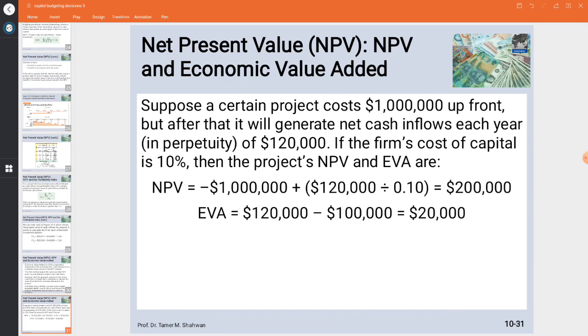Our cost of capital is 10% per year, so 10% multiplied by the initial cost of 1 million, which means our capital charge is 100,000. 120,000 minus 100,000, so our pure economic value is 20,000 US dollars, and this is the idea of EVA and how we could use it in comparing two projects.